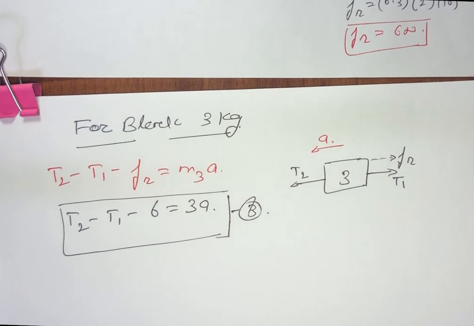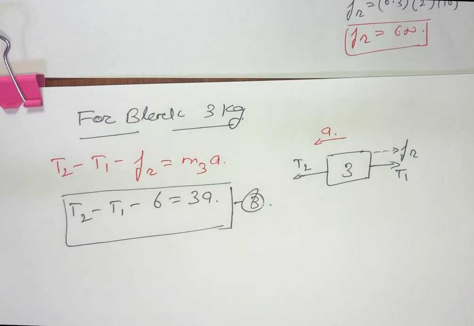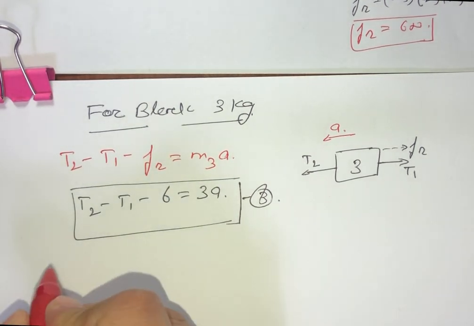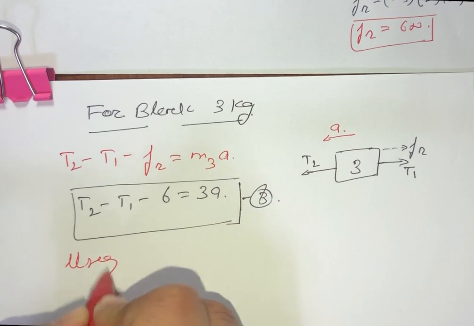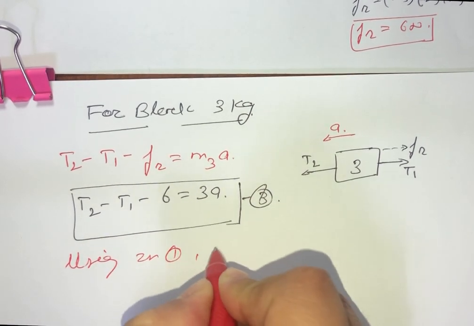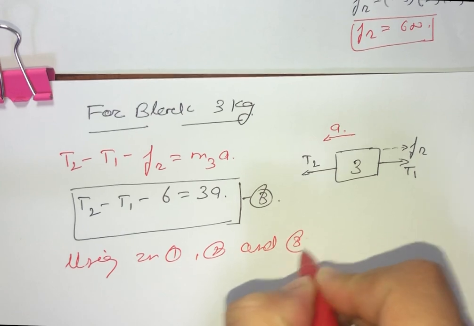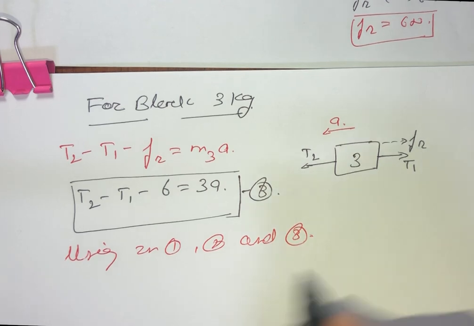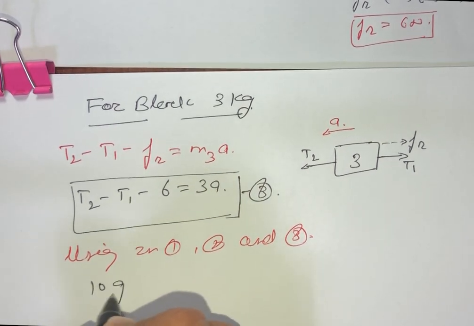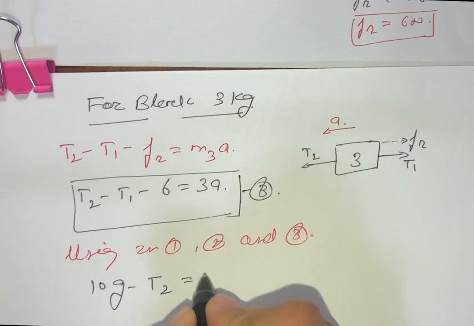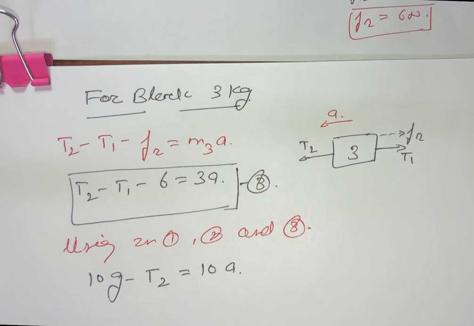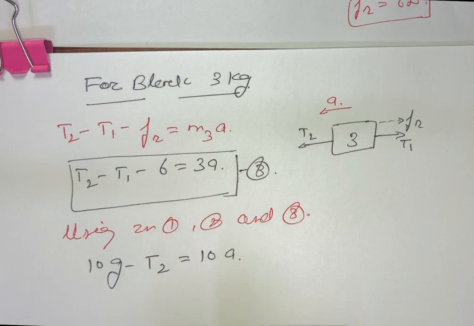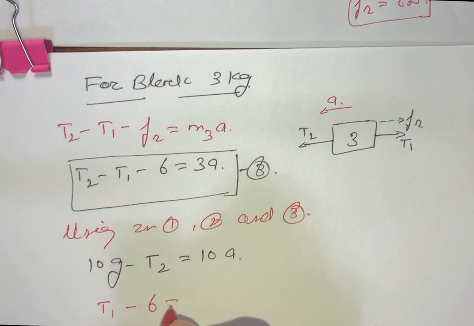Now we are going to use equations 1, 2 and 3 and simplify them. Equation 1 was 10G minus T2 is equal to 10A, and equation 2 was T1 minus 6 is equal to 2A.